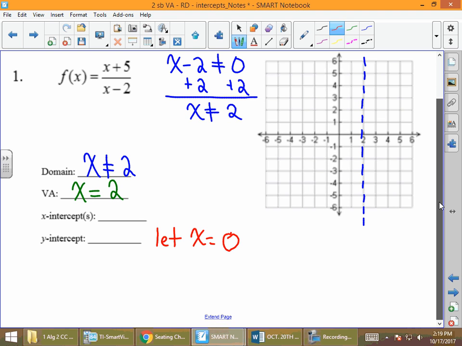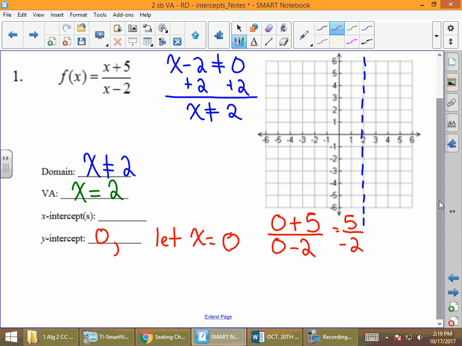So x equals 0. If we put that back in there, what we have is 0 plus 5 divided by 0 minus 2. And 0 plus 5 is 5, and 0 minus 2 is negative 2. Again, we let x equal 0.